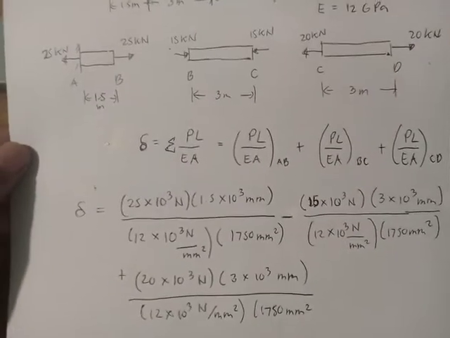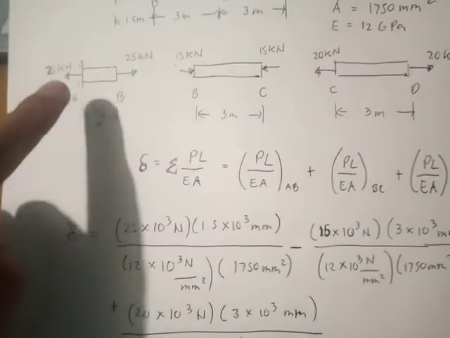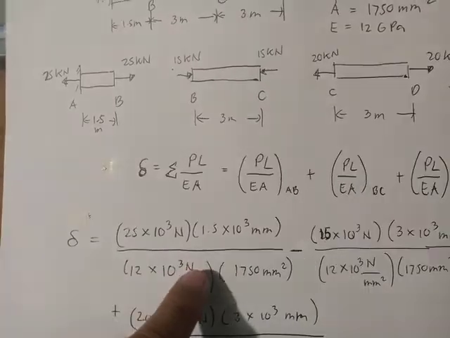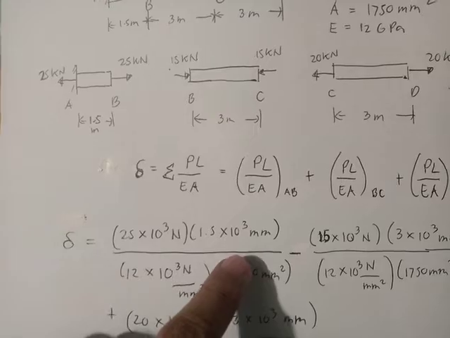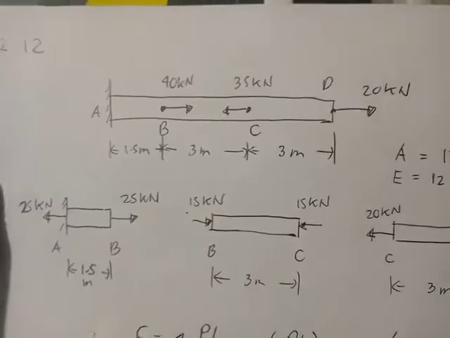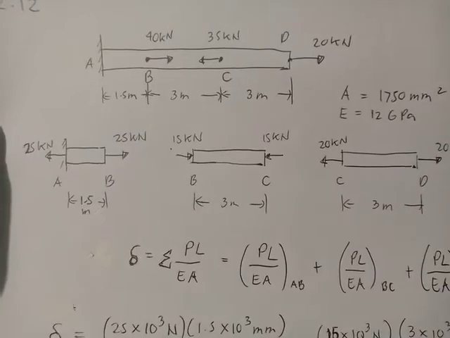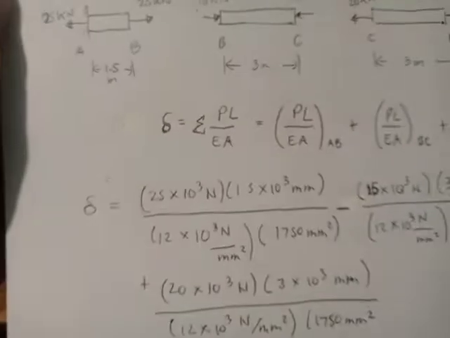Here we are, the next portion of our solution. As you can see, 25 kilonewton times 10 to the third Newton. I converted it to Newton. And then 1.5 times 10 to the third mm. I converted the length of AB to mm. And then I converted the modulus of elasticity, which is 12 gigapascals, into Newton per mm squared.